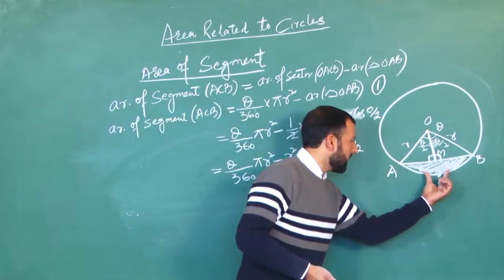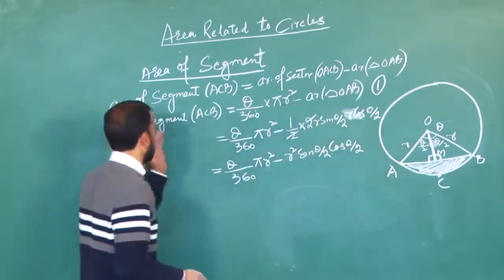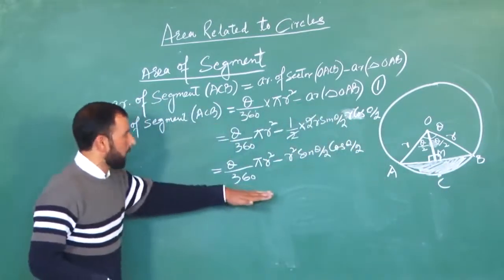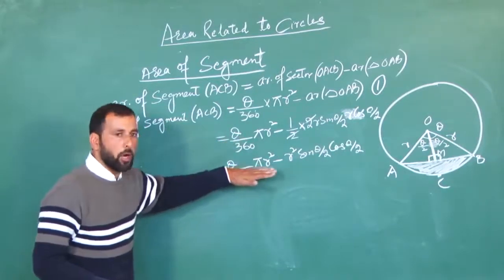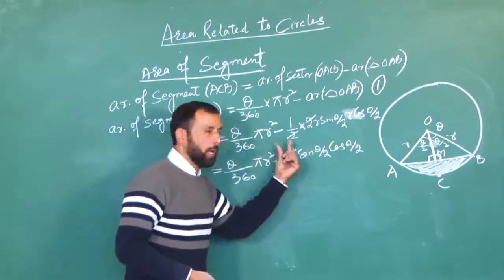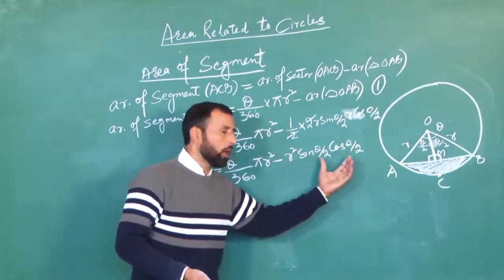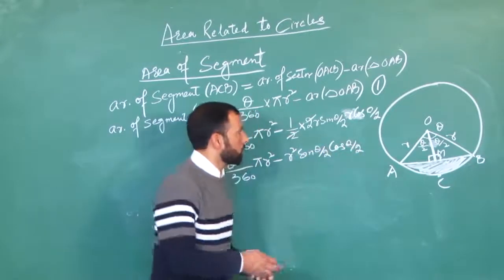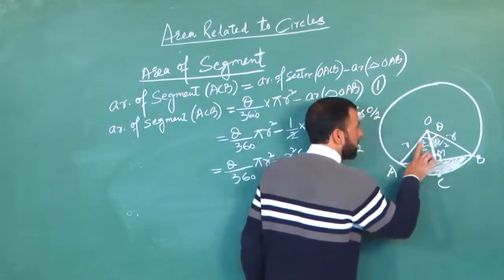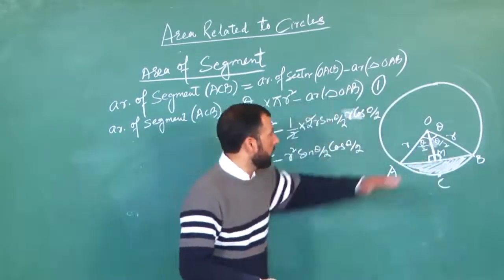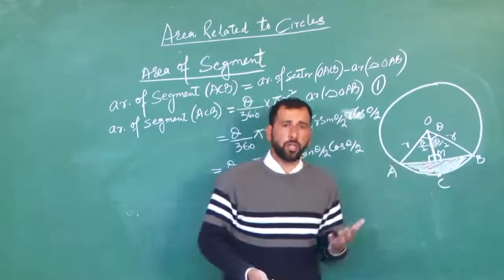If it is the minor segment, then the area of the minor segment ACB can be found by using this formula, theta by 360 into pi r square minus R square sin theta by 2 cos theta by 2. Now the question is, if this angle is equal to 90 degrees, then the triangle OAB is a right triangle.